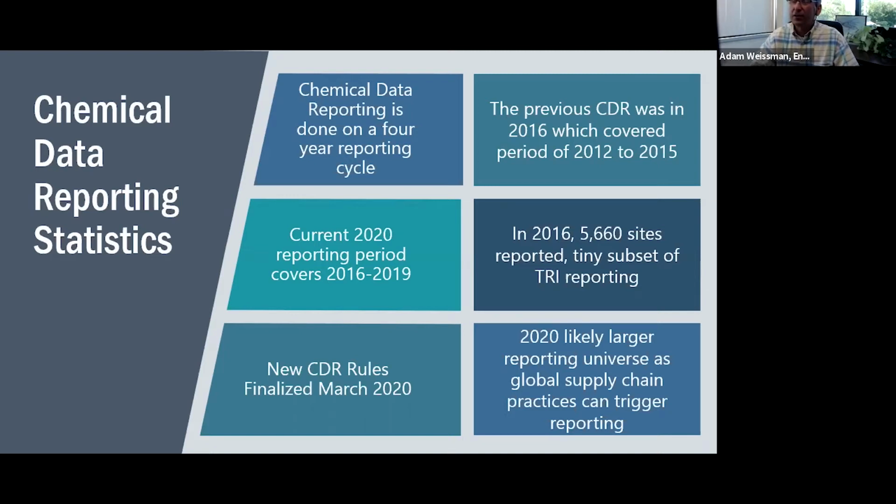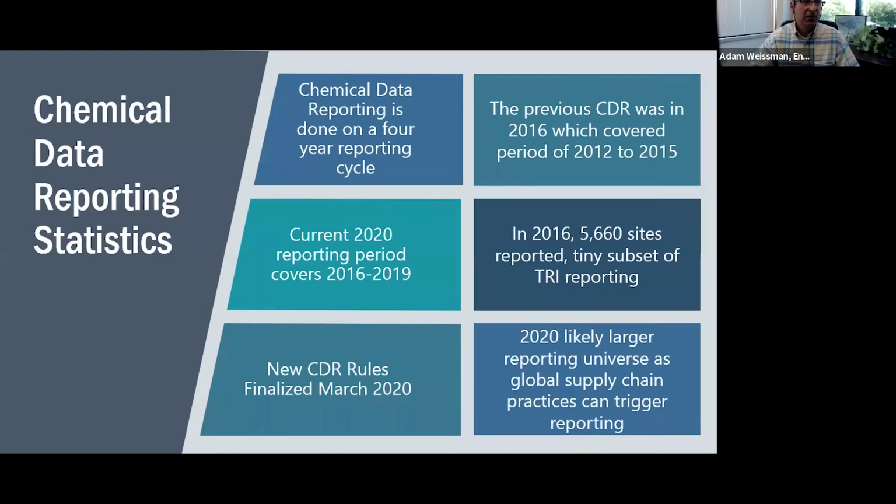To give you a feel for the number of reports, less than 6,000 sites reported in 2016. I mean, that is a really tiny subset of TRI reporting. And that last report was done with the 2016 report, which was the look back period of 12 to 15.